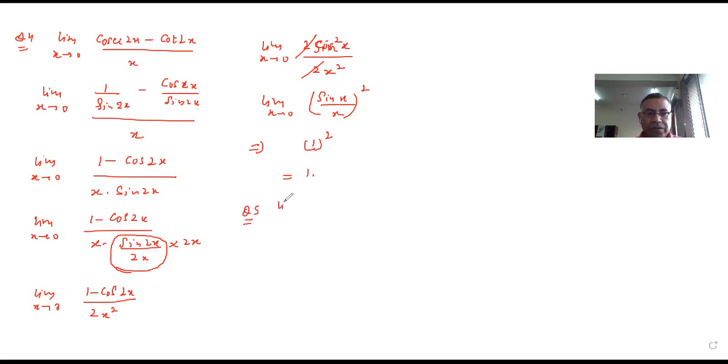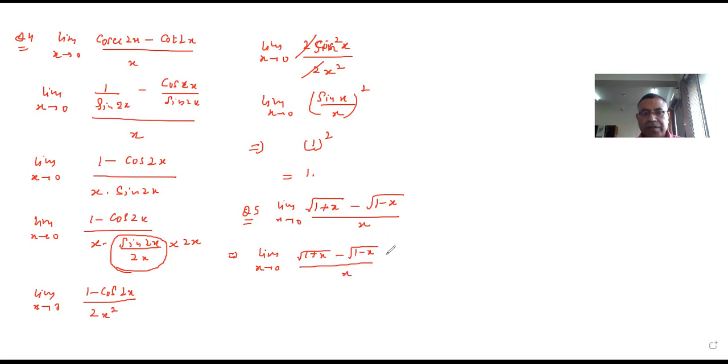Question number 5. Here you have to apply the rationalization concept. So limit x tends to 0, root of (1 plus x) minus root of (1 minus x) upon x.